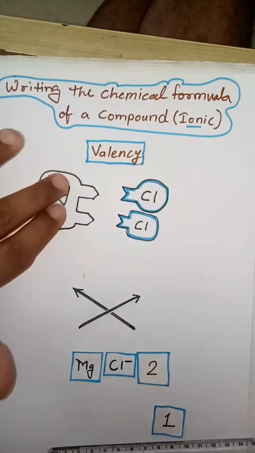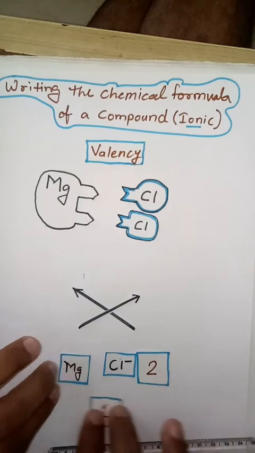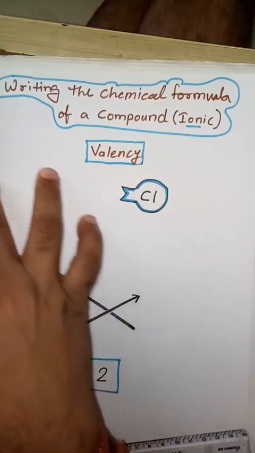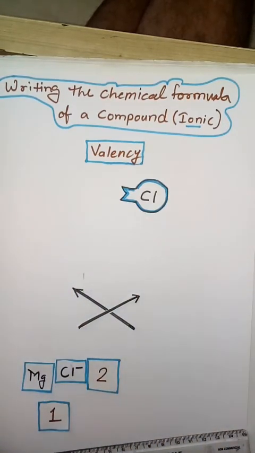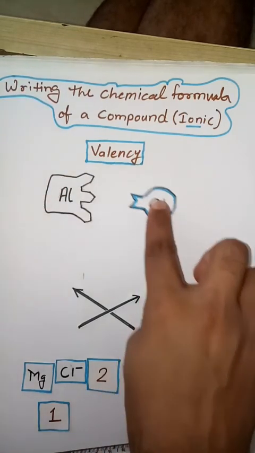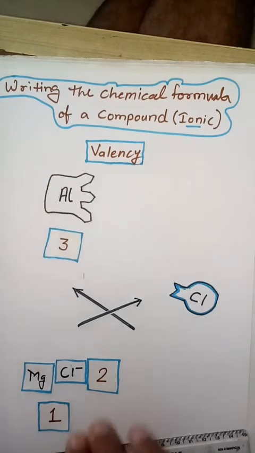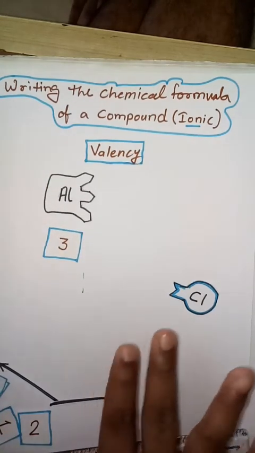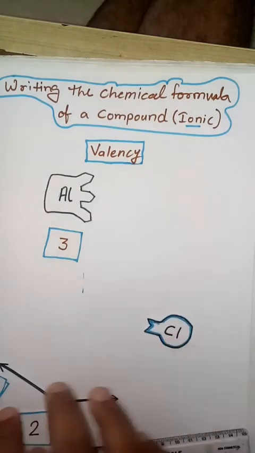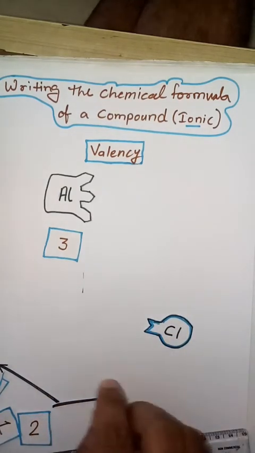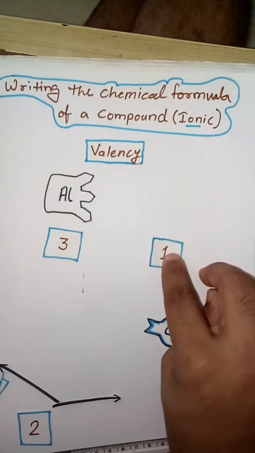Now let's figure out the next example. I will show you more examples so that the concepts get clear in your brain. Suppose you have aluminium. Aluminium valency is 3. So how many chlorines are required, where chlorine valency is 1?